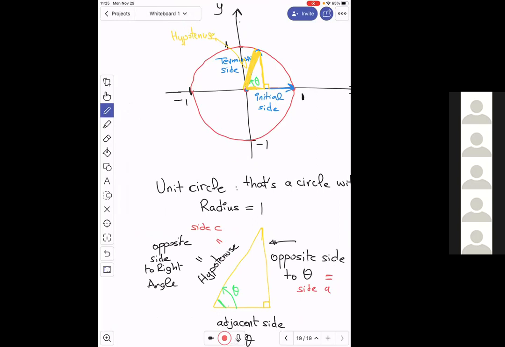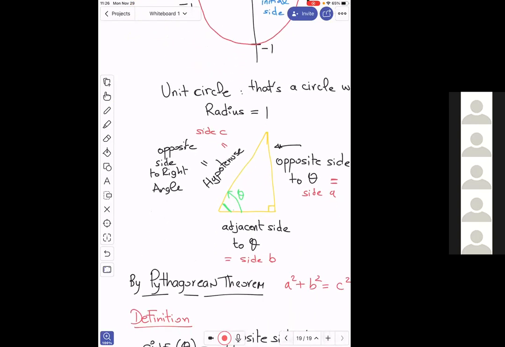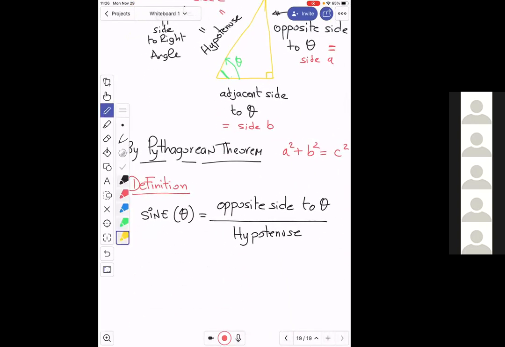So when the hypotenuse is equal to 1, sine of theta is just the opposite side to theta.